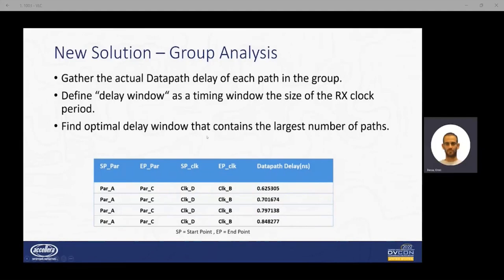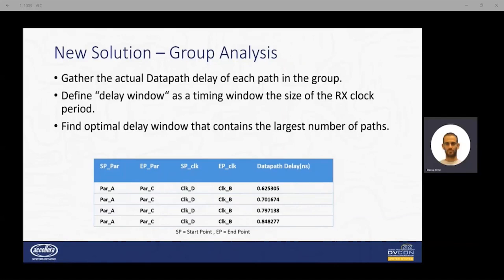Then we define the delay window. The delay window will be the timing window, the size of a single RX clock period. And we need to find the optimal window in time that contains the largest number of paths. So we'll do that by script.